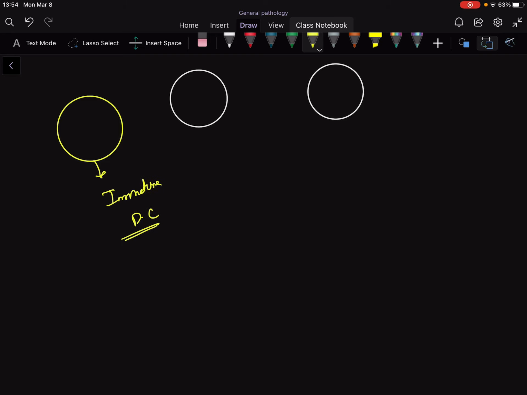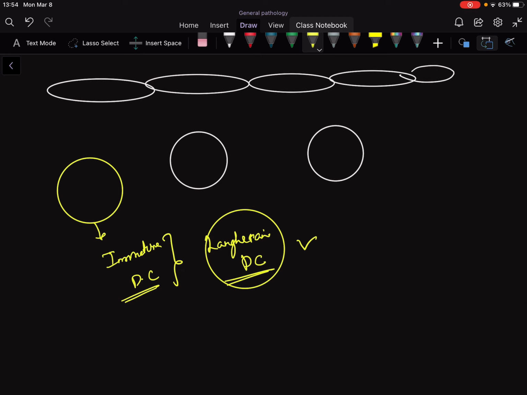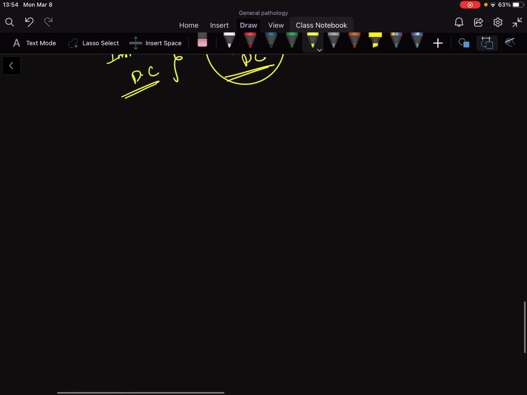These immature dendritic cells which are below the epidermis are known as Langerhans dendritic cells. So they are present at the right place at the right time. They are ready to attack the outside microbes. Hence, that is one point.